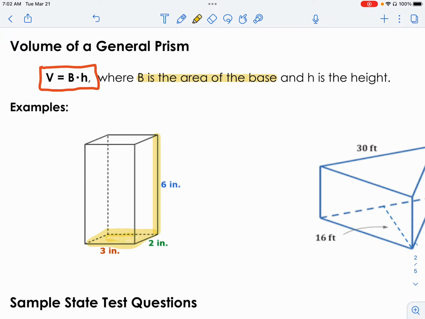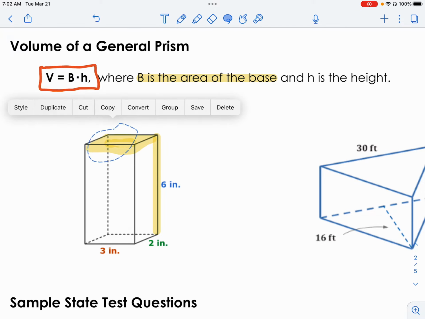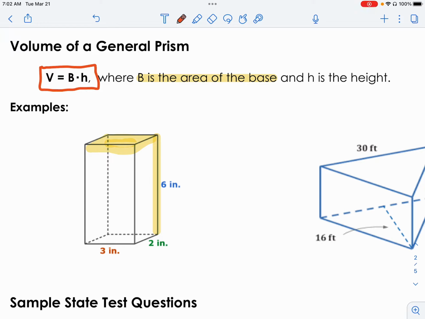And we do area of the base because we want to take this sliver here and then multiply it by the height to be able to fill everything up inside of this prism. So we're taking this square shape, parallelogram shape base and multiplying it by 6 so we can fill everything up inside of this prism. Okay, so let's go ahead and jump right into it.